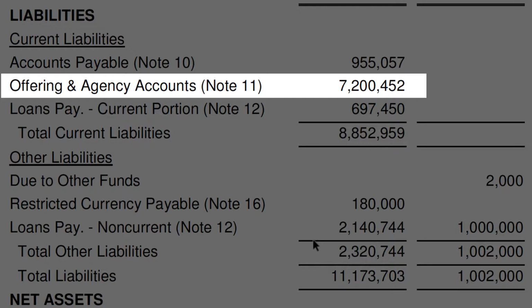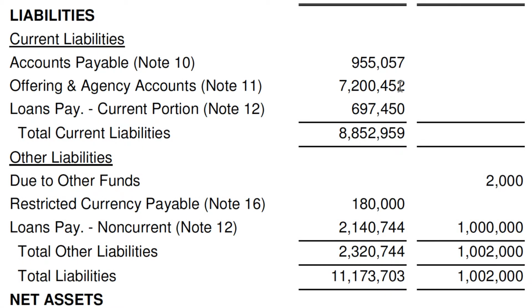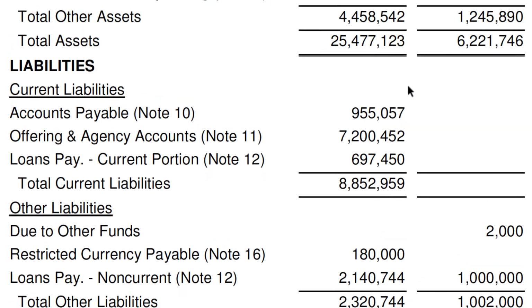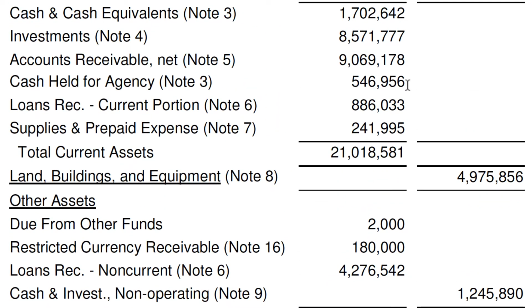We want to make sure that we put special glitter glue highlighting our agency debts. This $7,200,452 is what we hold as a trusted agent, and we're betraying trust if we do not pay that onward. For that reason, we have segregated the cash that we owe and hold as agents.